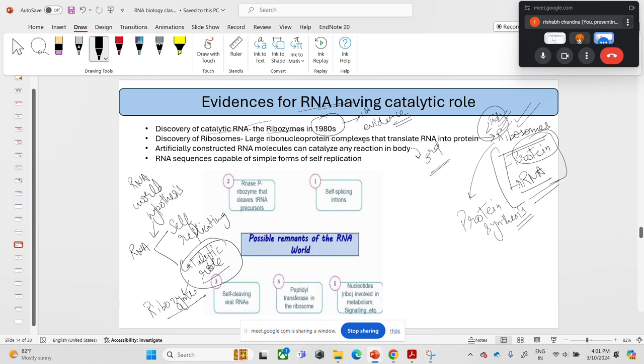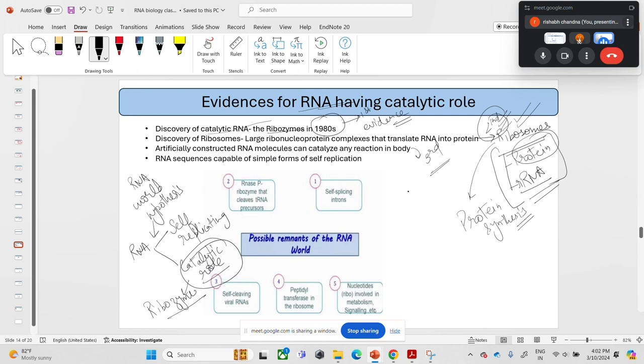evidence: artificially, some scientists constructed some artificial RNA constructs, and they found that those constructs can catalyze any of the reactions in the body.